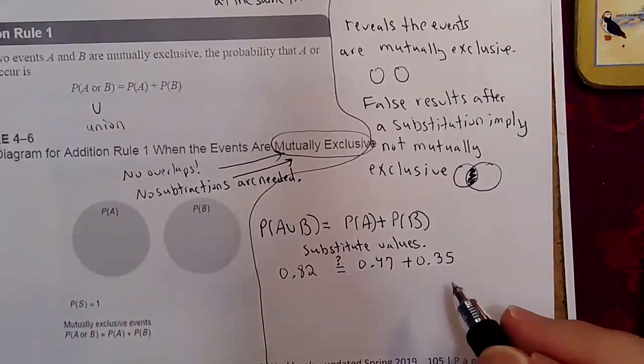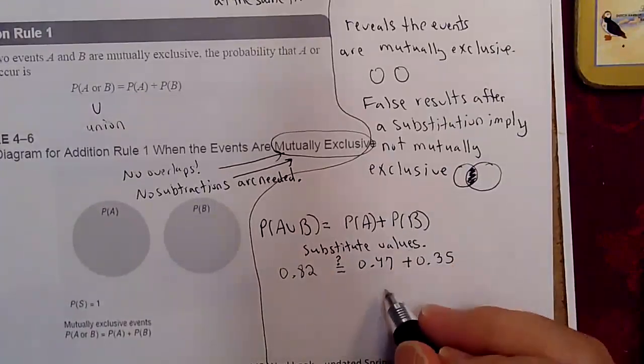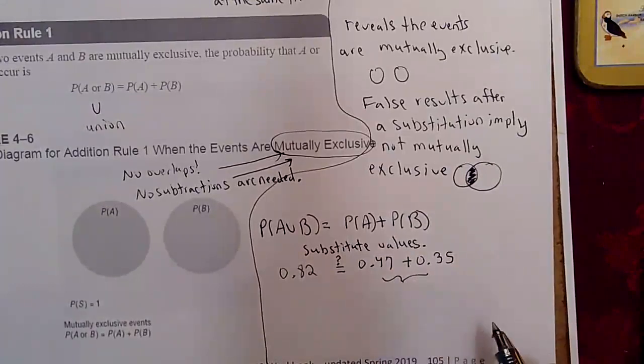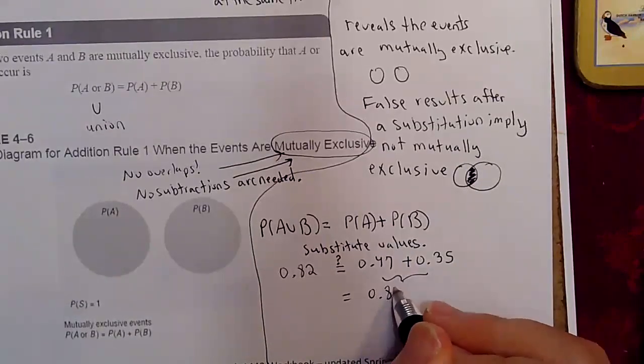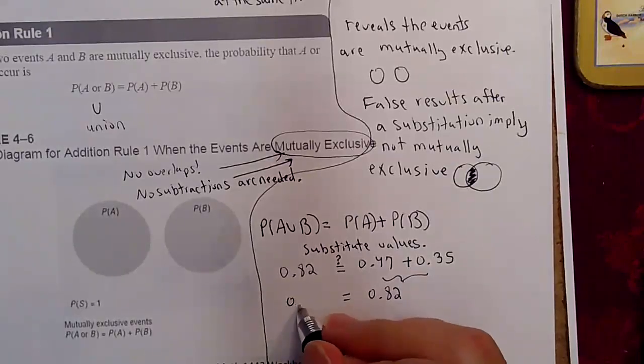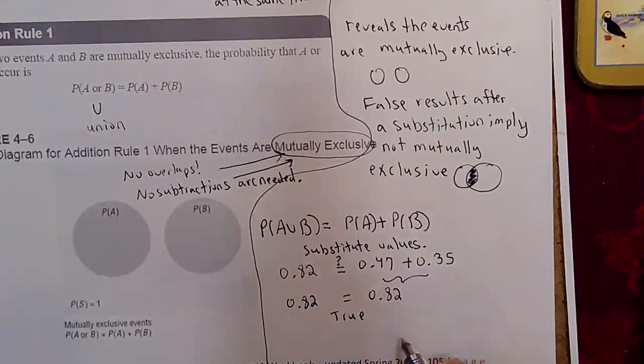Okay, so it turns out when you look on the right hand side and you add 47 hundredths and 35 hundredths, it does give you a value of 82 hundredths. It does give us a true result.